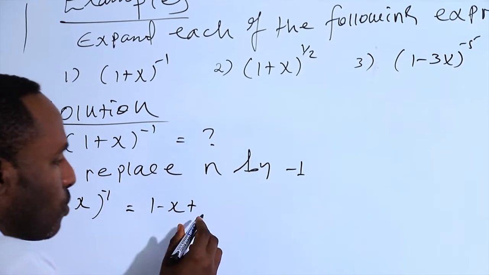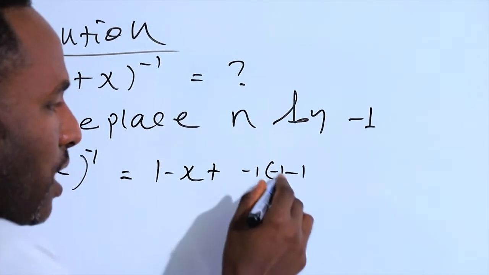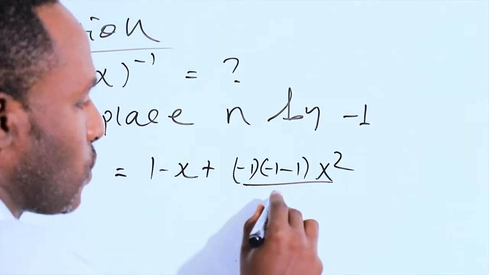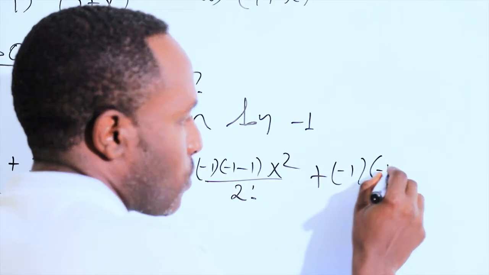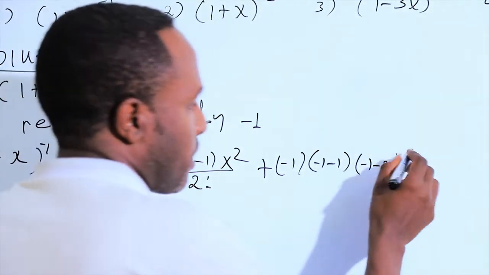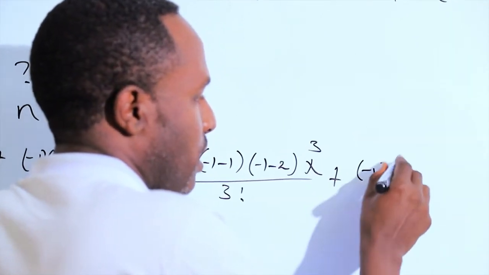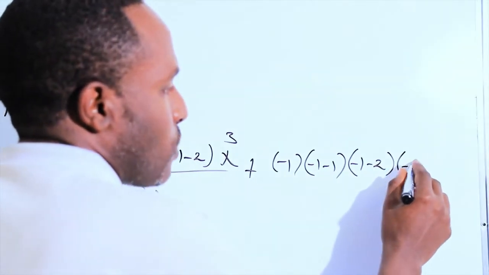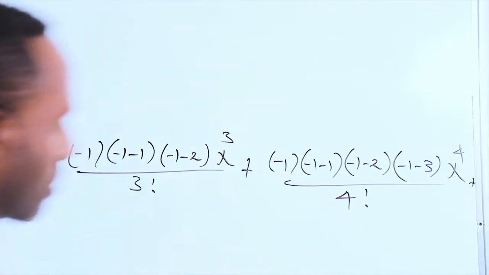And again plus n times (n minus 1), n is minus 1, so minus 1 times (minus 1 minus 1), times x squared over 2 factorial, plus n times (n minus 1) times (n minus 2), which is minus 1 times (minus 1 minus 1) times (minus 1 minus 2), times x to the power of 3 over 3 factorial, plus minus 1 times (minus 1 minus 1) times (minus 1 minus 2) times (minus 1 minus 3), times x to the power of 4 over 4 factorial, plus, continuing in such a way.